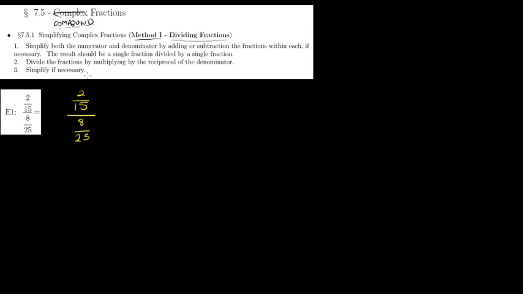So the first step is to simplify the numerator and denominator, and there's really nothing to simplify here. Typically what that means is if you have a fraction where you're adding or subtracting fractions, either in the numerator or denominator, then you have to add or subtract all those fractions, right? And we did that in the last section. Luckily here, the numerator is a single fraction, the denominator is a single fraction, so there's nothing to simplify here.